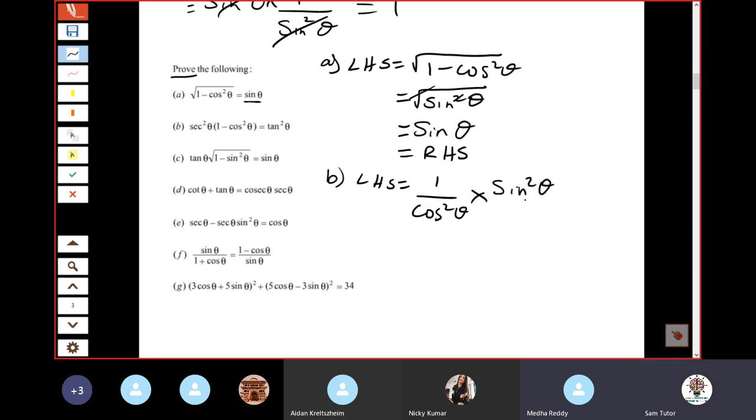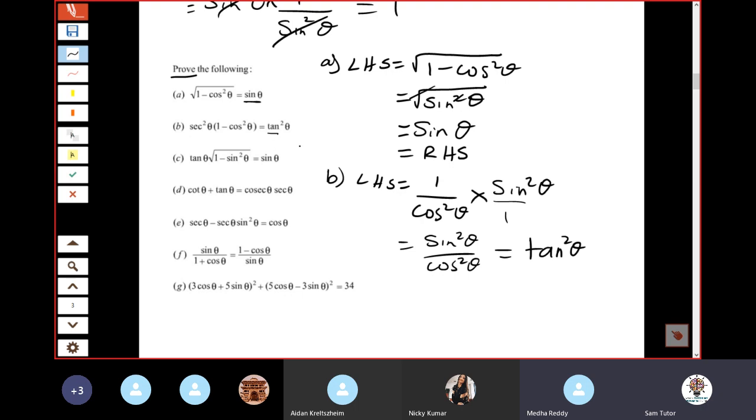And then when you multiply fractions, you just go straight across, right? So that simplifies to this, which becomes what? Sine over cos. Tan squared theta. That's it. That actually becomes your right-hand side.